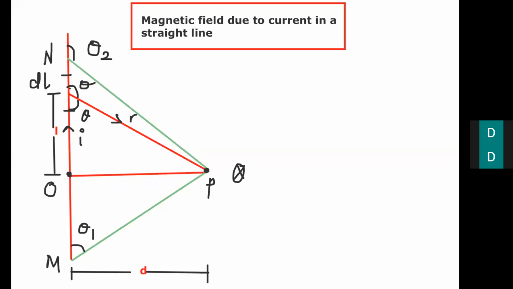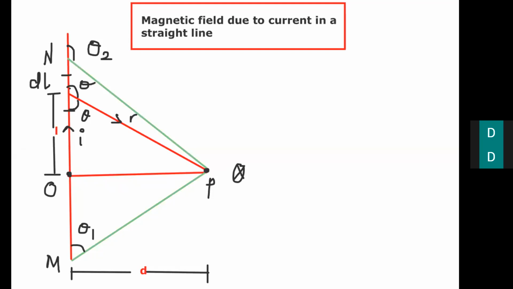Hi, so in this video, we are going to see what is the expression, what is the equation of magnetic field due to the current in a straight line. So basically, if we see this diagram, I have already drawn this diagram. MN is the straight line wire, and there is a current I which is moving through this wire, and you can see point P. Point P is at distance D from the wire MN.